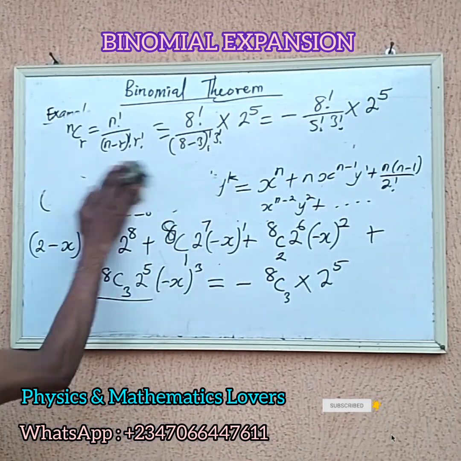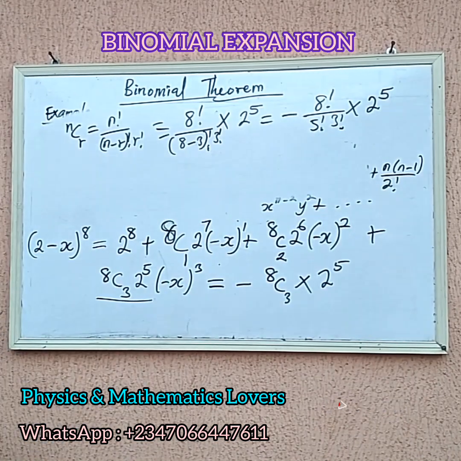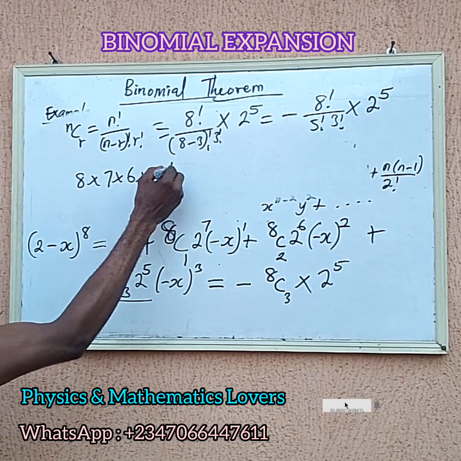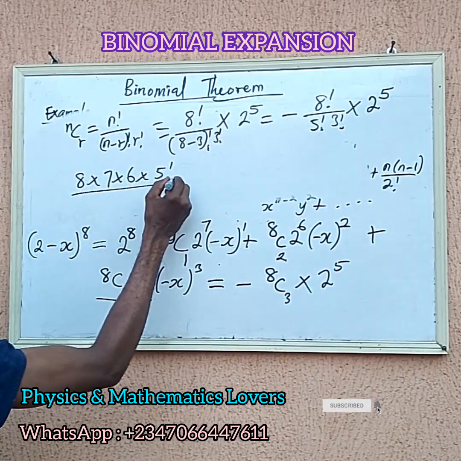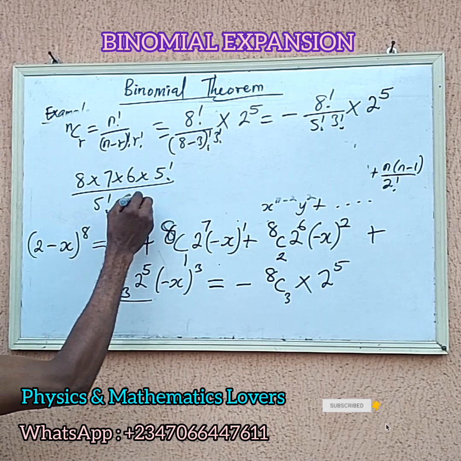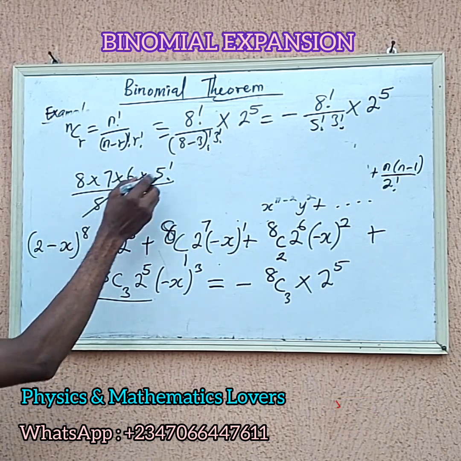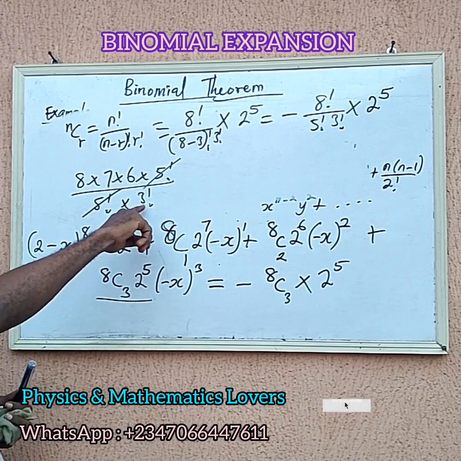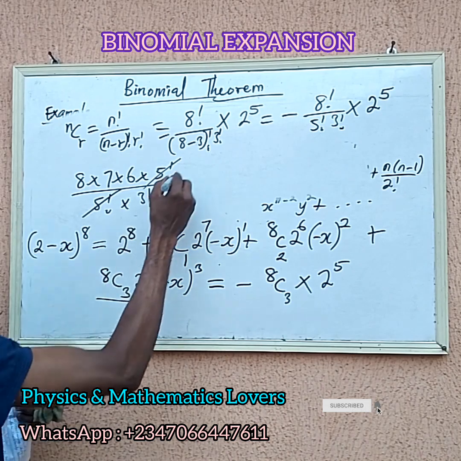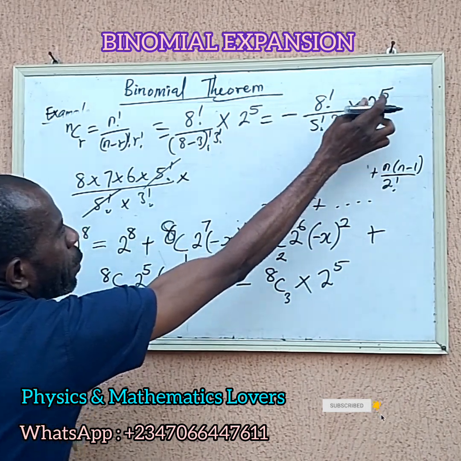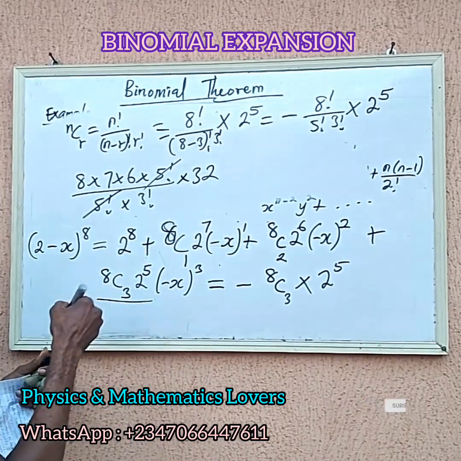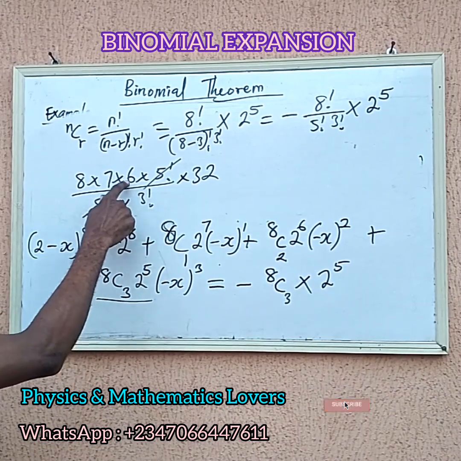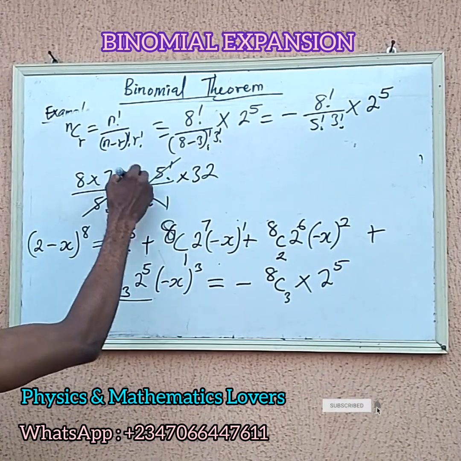Now let's finish it here. We are going to have 8 times 7 times 6 times 5 factorial, because we have 5 factorial here, all over 5 factorial times 3 factorial. The 5 factorial cancels. Now 3 factorial is 6, so we can also cancel this 6 out. 2 raised to power 5 is 32.